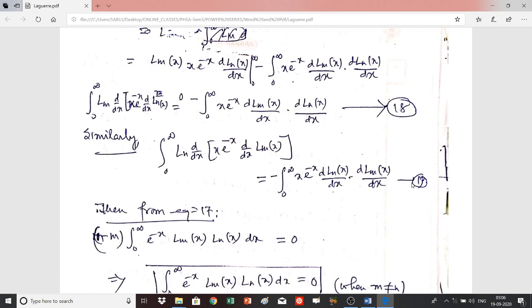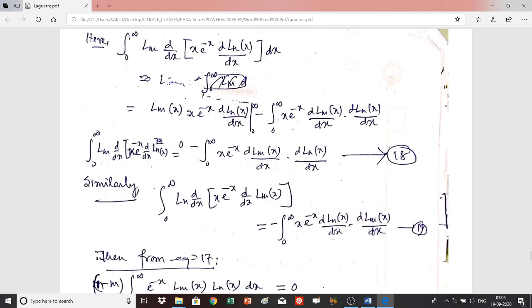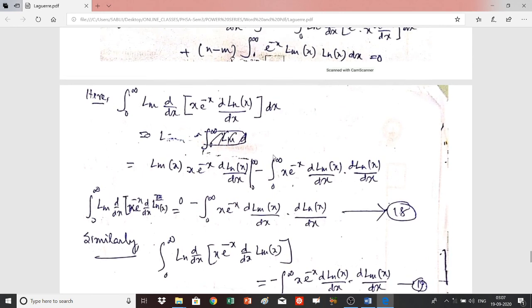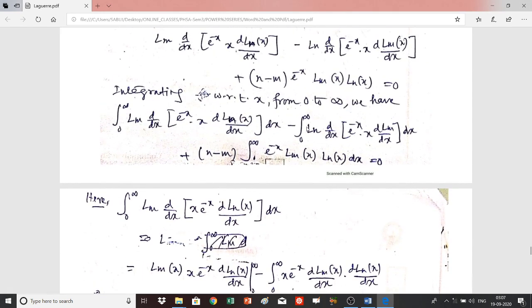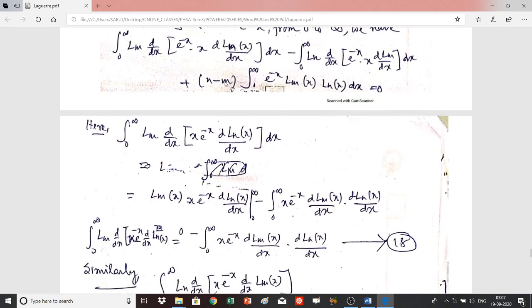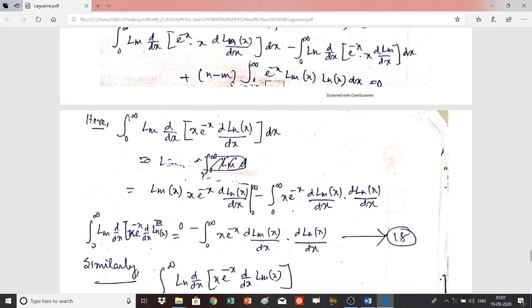So then from these equations, this term and this term will cancel each other, and the only term left will be this one, because these two terms cancel each other.